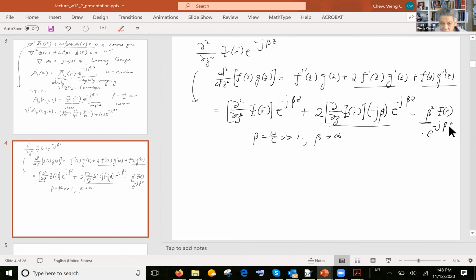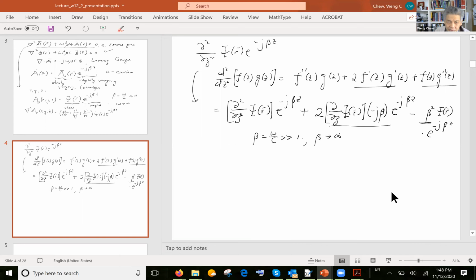This term is going to cancel the beta squared term that comes from this term, because when I did this I was just looking at the first term, only the partial squared, partial z squared term. When I plug it back in, this term cancels this term. So I'm left with the two terms coming from here, but this term is going to be small compared to the other terms.